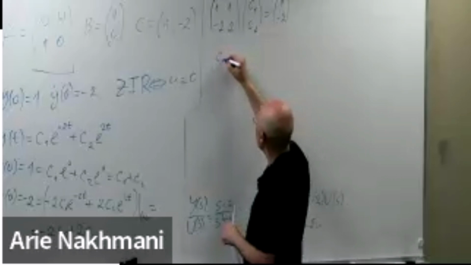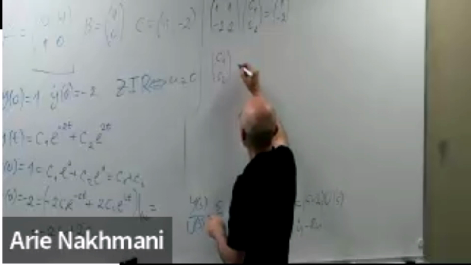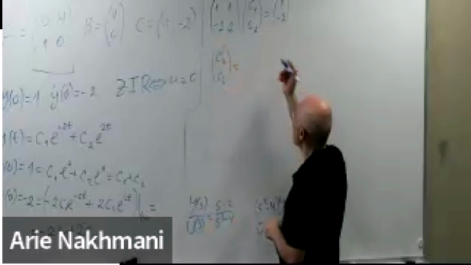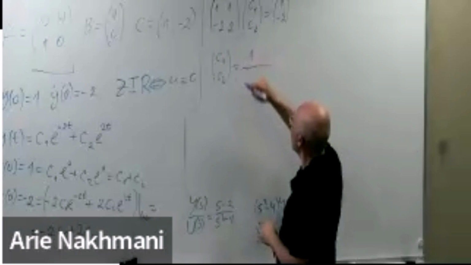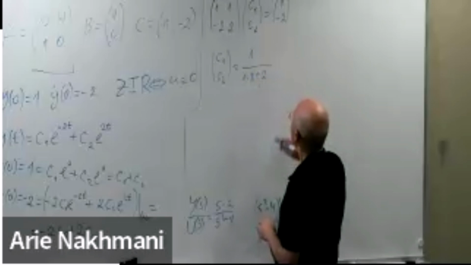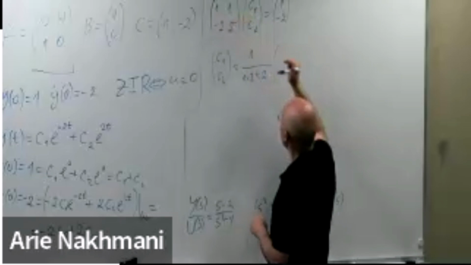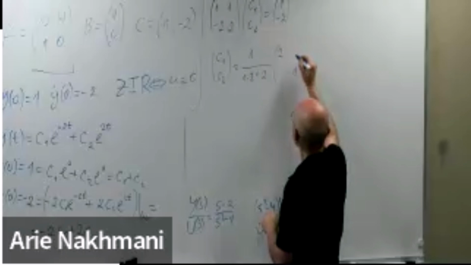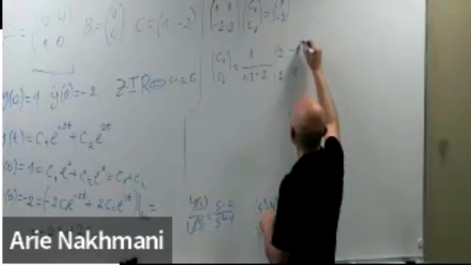So c1, c2 equals the inverse of that matrix, which is 1 divided by the determinant. If you remember, it's 1 times 2 plus 2. Switching between these two, which is 2, 1, -1, 2.